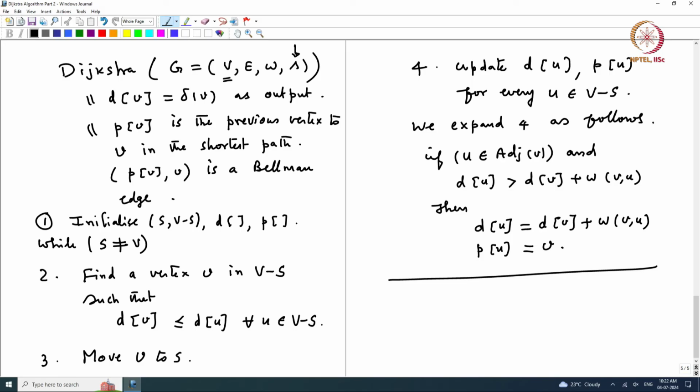Okay. So, you can perhaps call this step 2, it is easy to visualize that way. You call this while loop step 2, finding this vertex within the while loop 2a, moving this as 2b, because this is all in the while loop, and updating D of u is 2c.